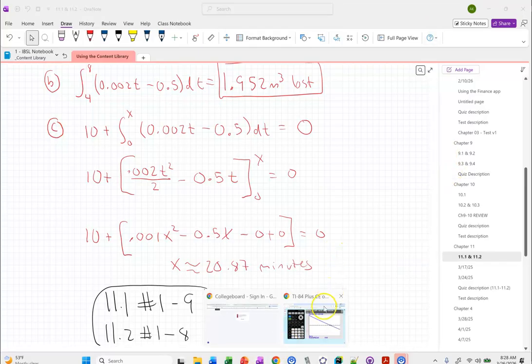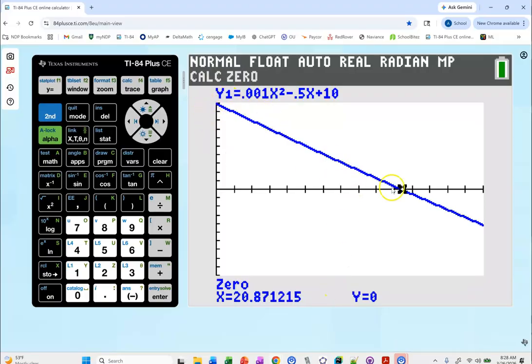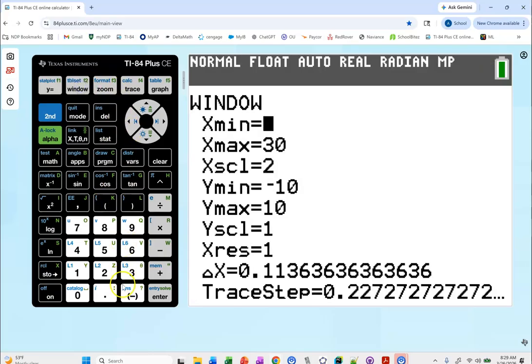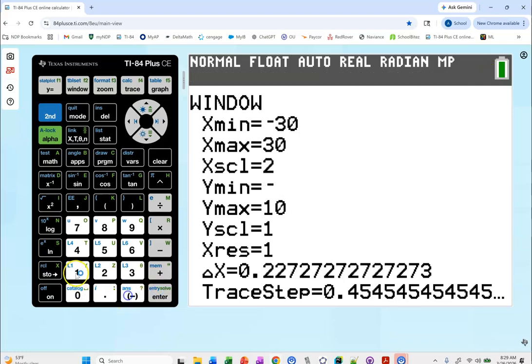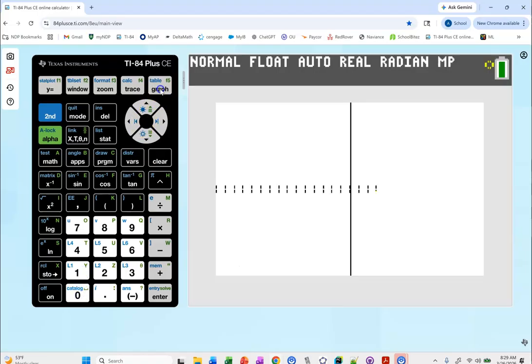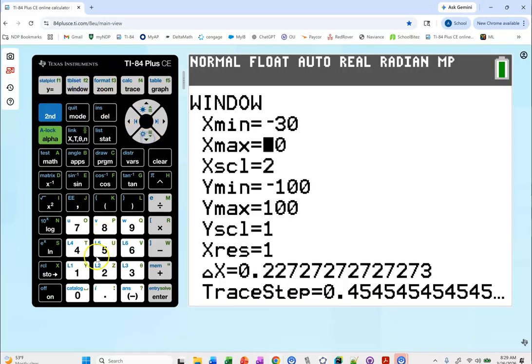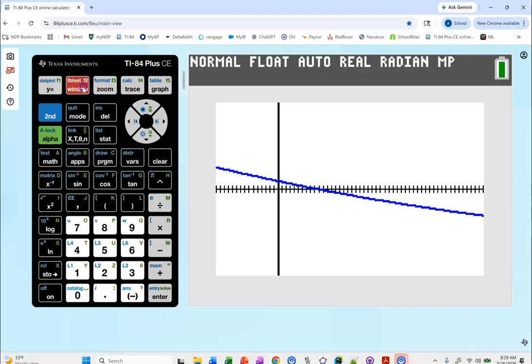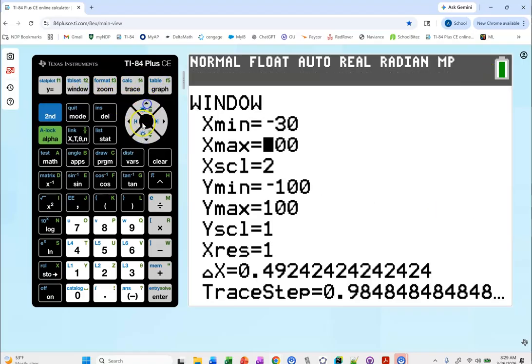And if I really wanted to, there should be a second solution to this somewhere. So if I just zoom out here a bunch, I can probably see that, although I think the second solution is going to be like a nonsense value. Okay, so it's going to be way out here somewhere. I wasn't expecting that. Oh, it's going to be way out there, huh?